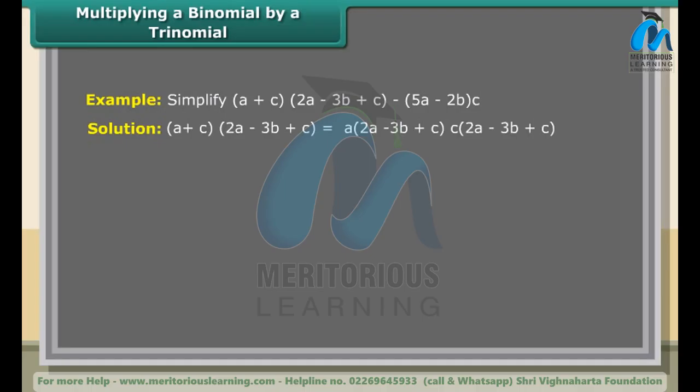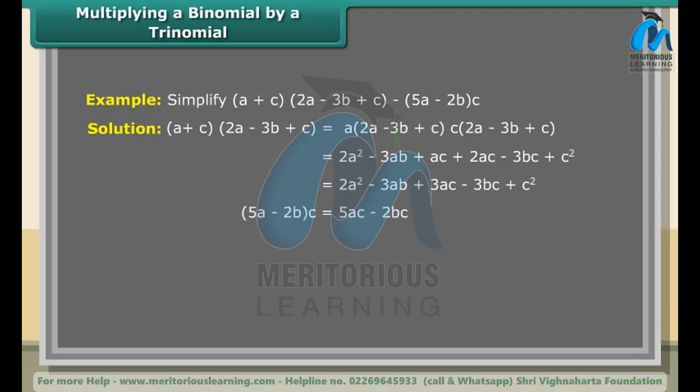Solution. (a plus c) into (2a minus 3b plus c) is equal to a into (2a minus 3b plus c) plus c into (2a minus 3b plus c), which is equal to 2a squared minus 3ab plus ac plus 2ac minus 3bc plus c squared, which equals 2a squared minus 3ab plus 3ac minus 3bc plus c squared.